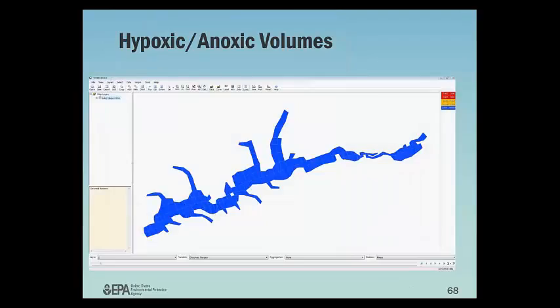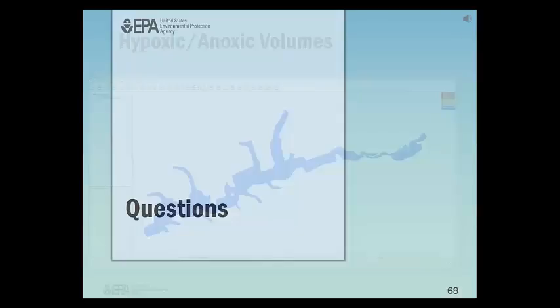I'm not sure what happened there, but the point here in the lake model is that you can, both in space and time, look at the predicted dissolved oxygen concentrations, and you can calculate volumes of water that are below a threshold. This completes a need for aquatic life. So with that, we're at the end and ready to take questions.